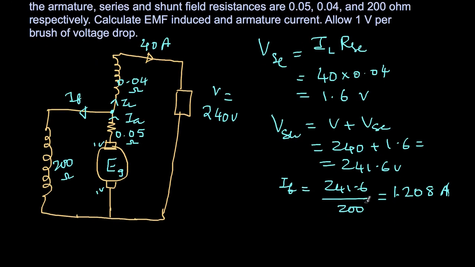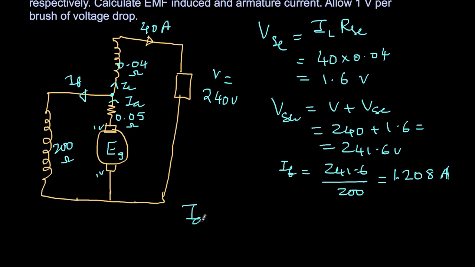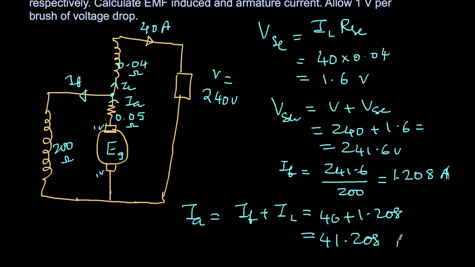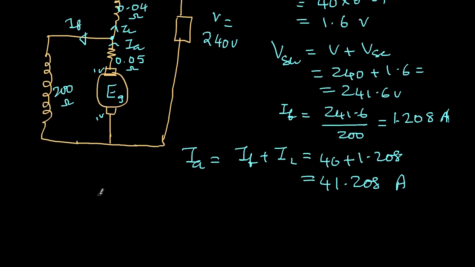So therefore, what will be the armature current? Armature current will be field current plus load current, as you can see in this. So that is 40 plus 1.208. So this is 41.208 amperes. Now that I have the armature current, I can find out the armature drop, IARA.